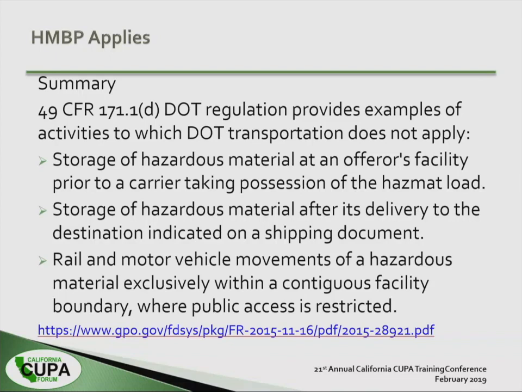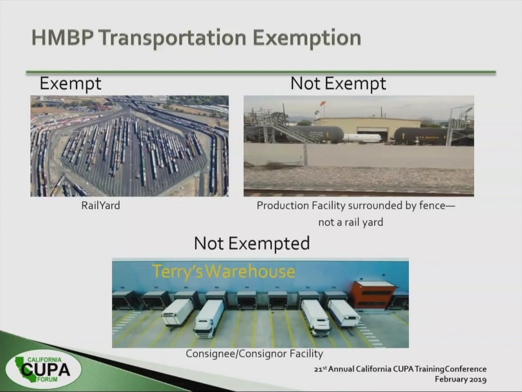Okay? Even rail and motor carriers on a contiguous property can be considered still under active transportation unless it's closed off. So here's a wonderful example of this. We have the rail yard. Material goes onto the rail yard, gets transported into different trains, doesn't matter.